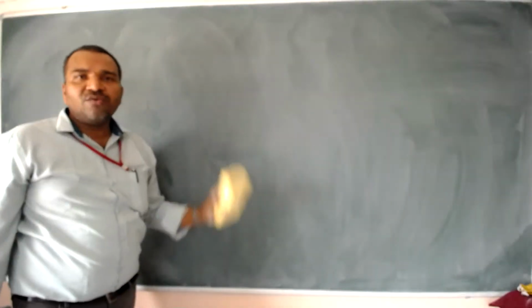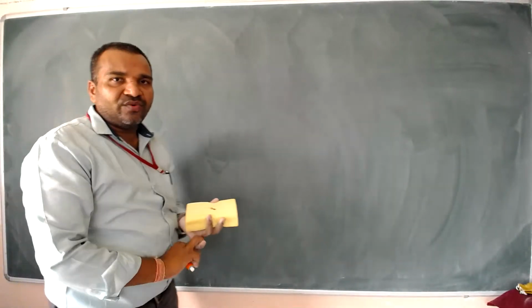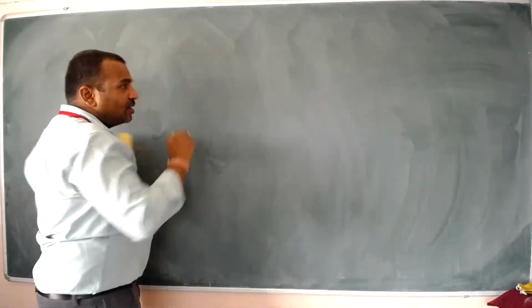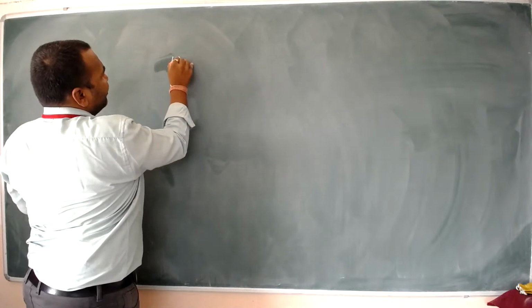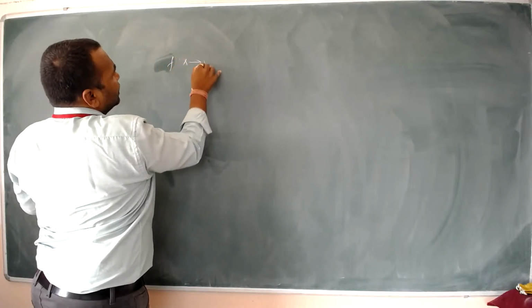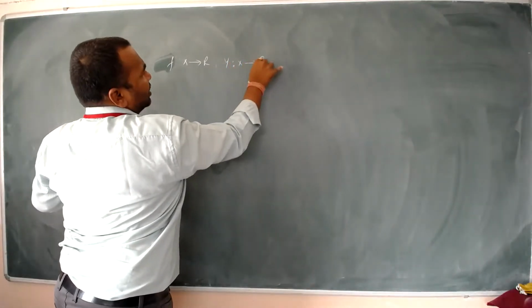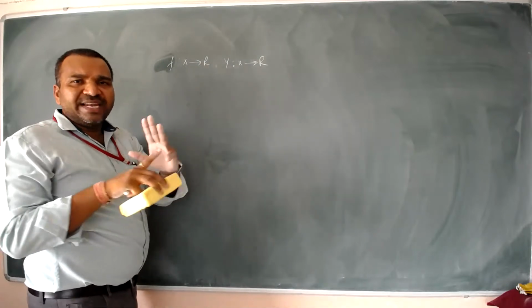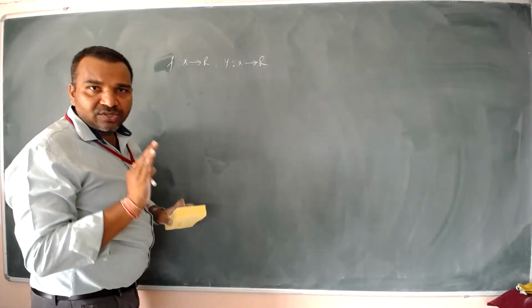Next, algebra of functions, meaning how to add two functions, how to subtract two functions, how to multiply two functions, how to divide two functions. f is a function from X to R, g is a function from X to R. If two functions have the same domain, then only we can add, subtract, multiply, and divide. Otherwise, it is not possible.